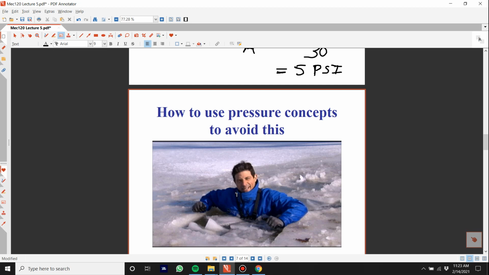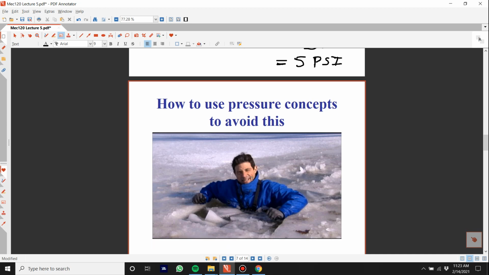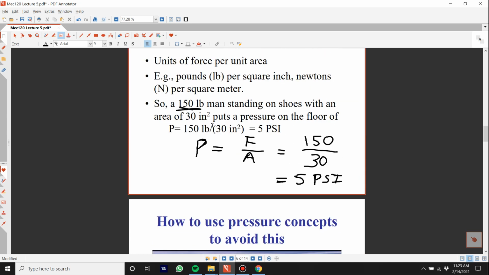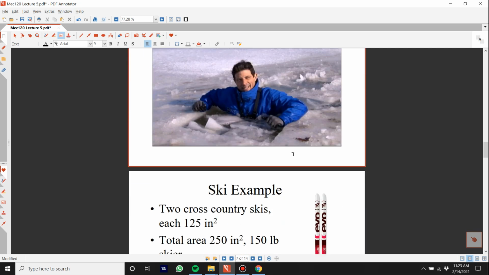Okay, so what can we do to make sure this doesn't happen? We need to increase this area. He's 150 pounds, he ain't gonna change that, but what we can do is increase this area, and we can give him a pair of skis.